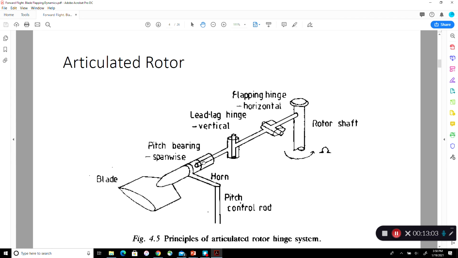It will still have a bearing, so a bearing needs to be inspected, this pitch link needs to be inspected, and so forth. Then the next generation will be a hingeless, bearingless rotor, where all these joints are replaced by a deforming Schwarz plate.